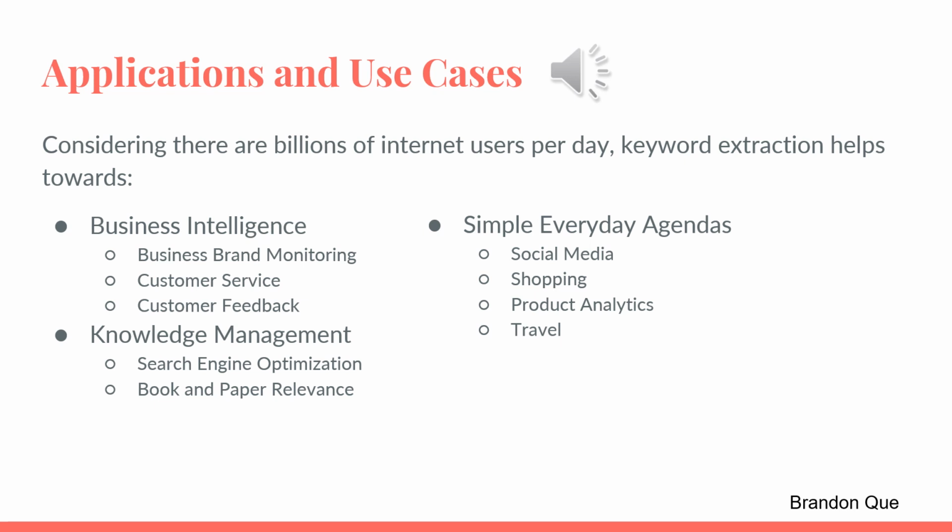Product analytics, in terms of being able to quickly read and find the necessary specifications for a tool you require. And keyword extraction also benefits humans when traveling. Being able to read about places so one can do some quick and easy research when going to a place they are unfamiliar with can be essential. With all that being said, we have barely scratched the surface on what keyword extraction can do, but let's move on to the problems regarding keyword extraction.